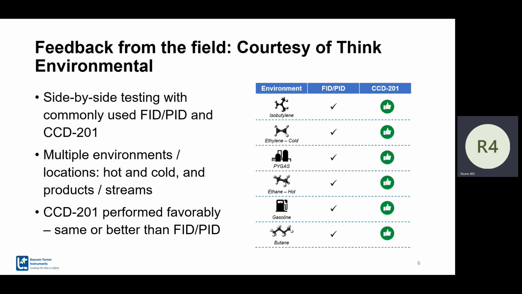We tested isobutylene, ethylene in a cold environment, high gas, methane in hot environments, gasoline, butane. Thank you on behalf of Think who ran those tests. If there's anything you'd like to share about that, I'm happy to hear and share with the group.